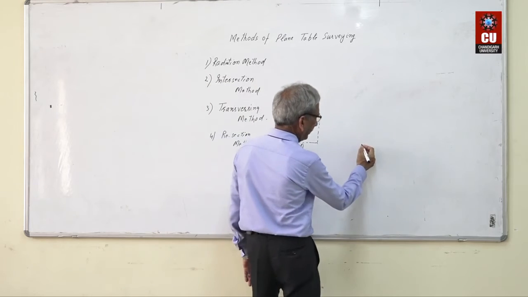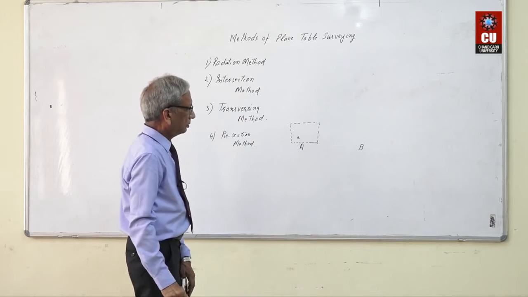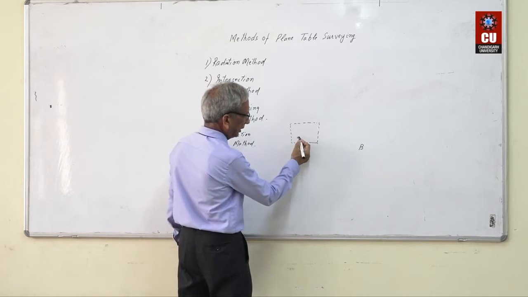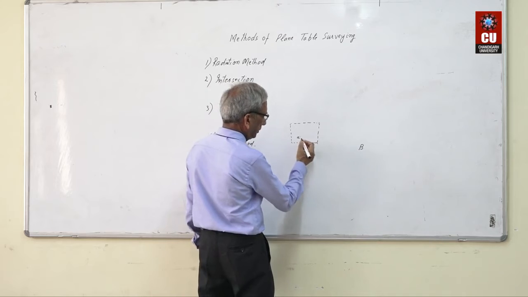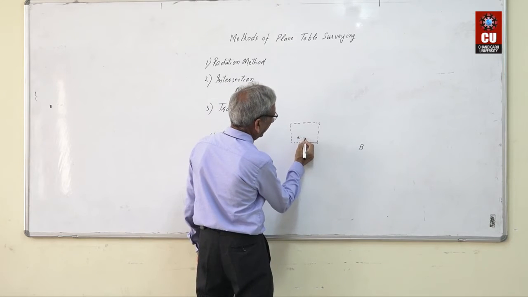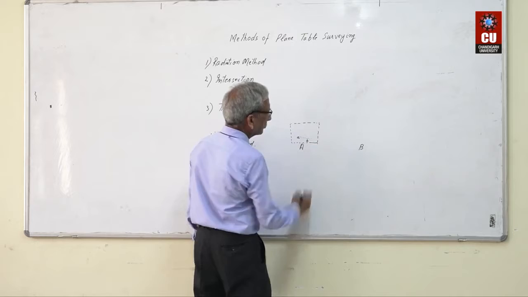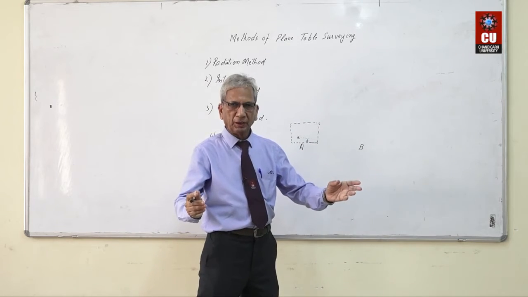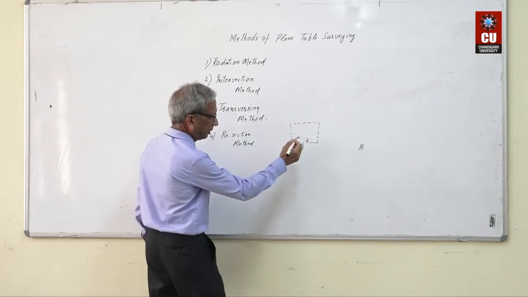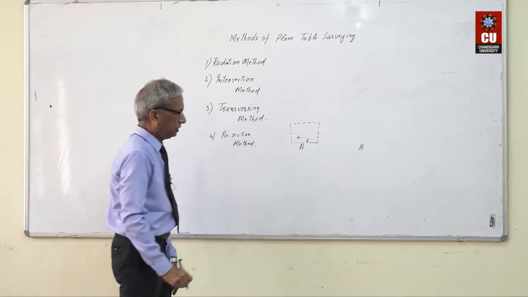We have another point B. We will place the alidade at A and bisect point B, draw a line towards B. We will measure the length AB and with some scale we will find out point b. We will mark point b on the drawing sheet.